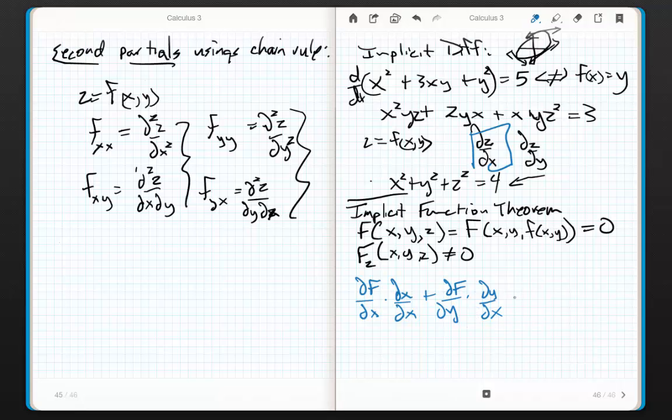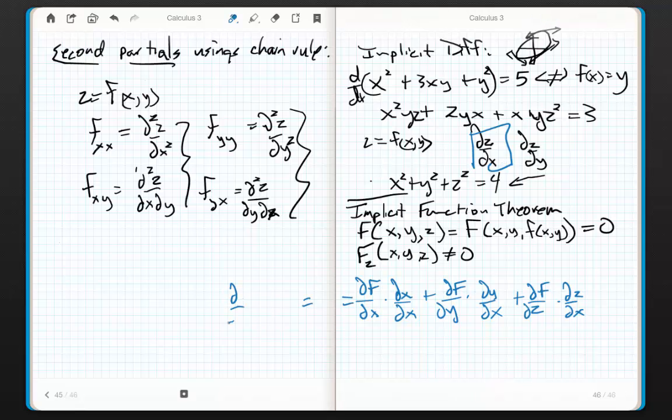All right, this is going to be plus the partial of f with respect to z times the partial of z with respect to x. Now we have taken the partials of all of the independent variables and we've used chain rule independently with respect to x because I'm dealing with a delta x, right? Basically, remember, this guy is just d over dx of f, and f is this.